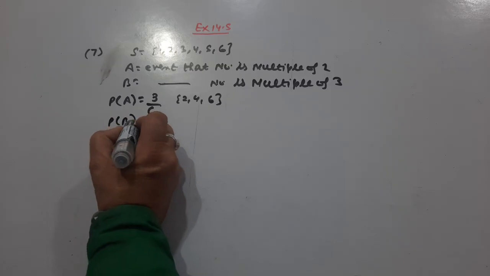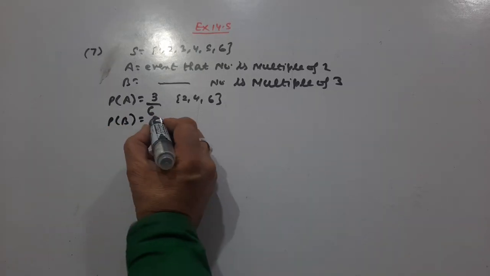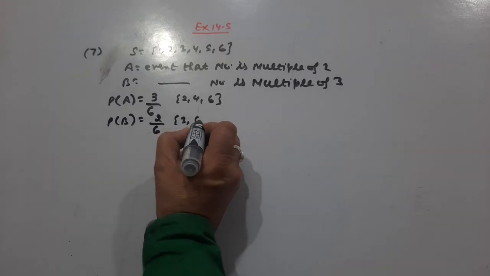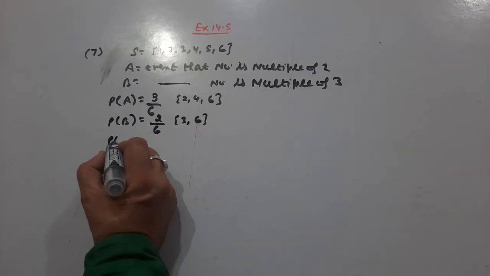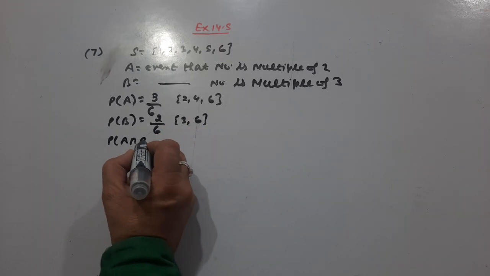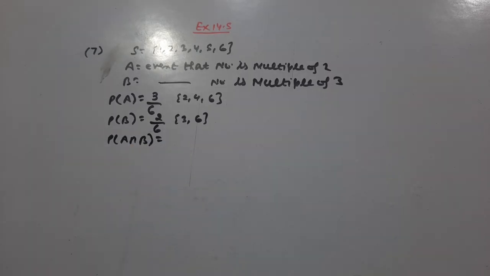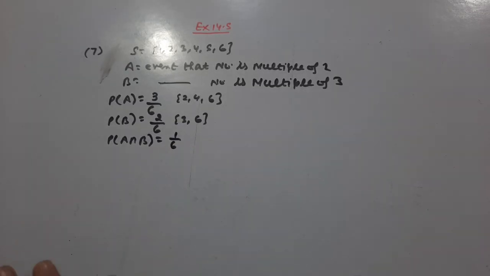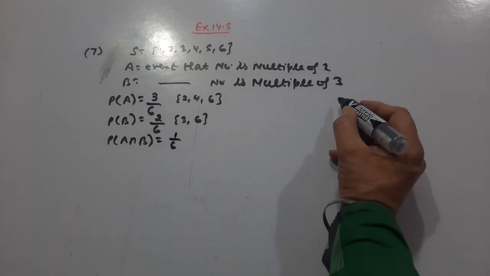And P of B, multiples of 3, these are 3 and 6. And P of A intersection B is equal to, we will take the number which is divisible by both 2 and 3. So that number is 6.